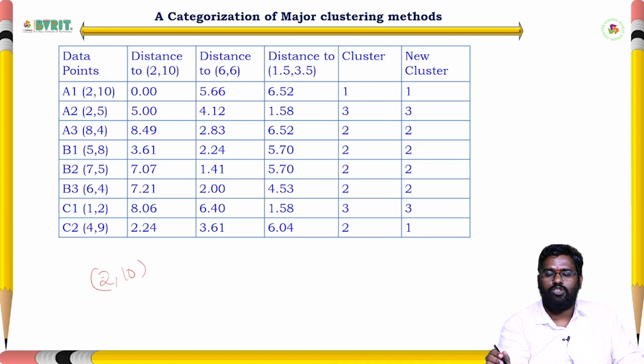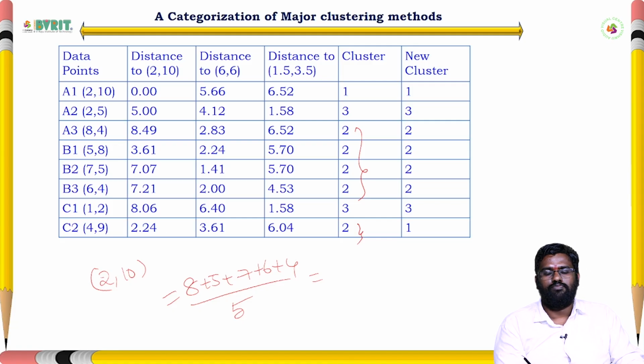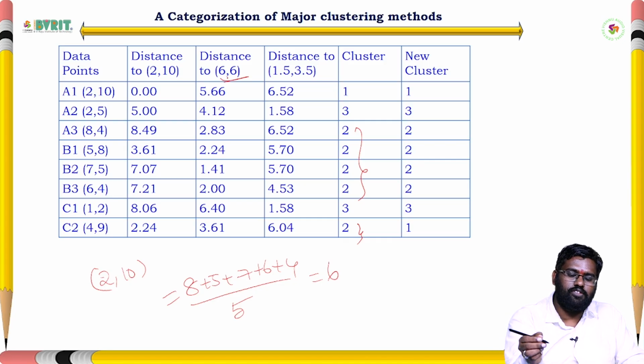Next, cluster 3 has these points. We combine the first values: 8 plus 5 plus 7 plus 6 plus 4, divided by 5. That is 12, 19, 25, 29, 30. 30 divided by 5 is 6, so we write that value as 6.